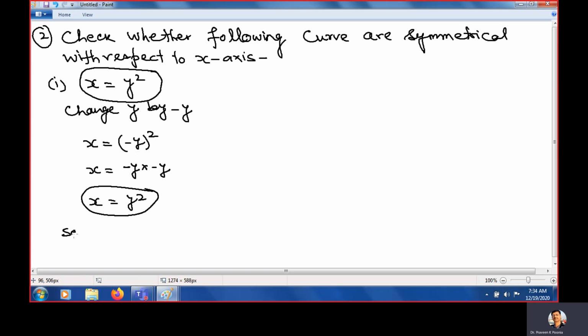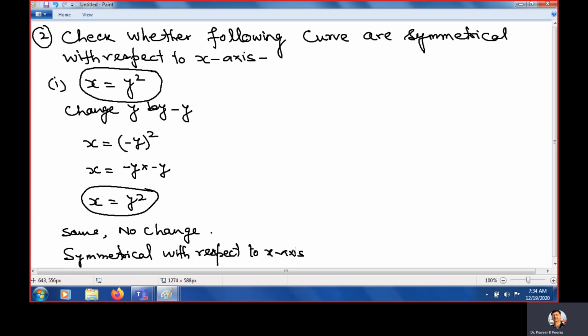They are the same, no change. Okay, so symmetrical with respect to the x-axis. Okay, this is the solution.